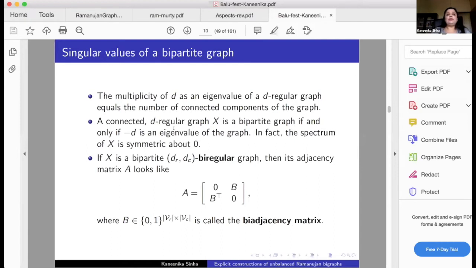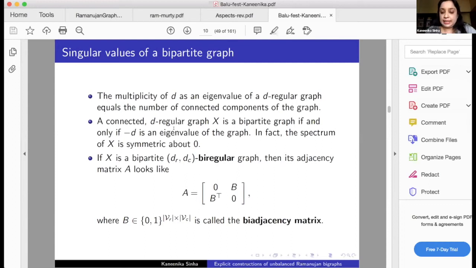Okay. So now when we have a bipartite biregular graph with degrees d_R and d_C, then in the adjacency matrix, there will be large blocks which will just contain the entry 0. So the really relevant part of the adjacency matrix is what we call the biadjacency matrix B, where the rows are labeled by the vertices of V_R and the columns are labeled by the vertices of V_C, and the entries 0 and 1 appear as per whether a certain vertex is connected to a vertex in the other set or not.